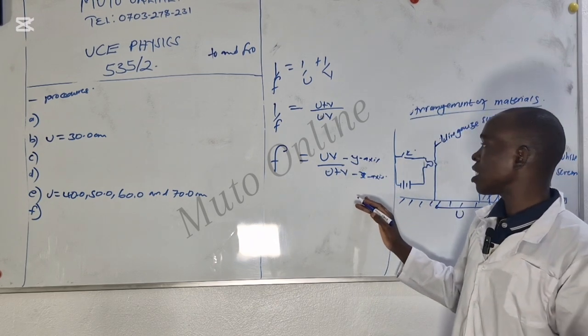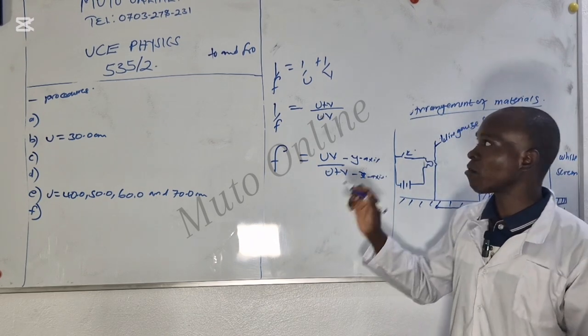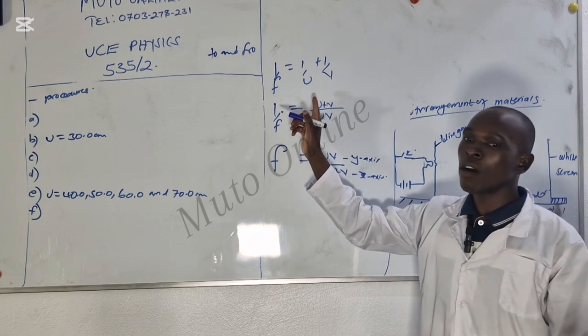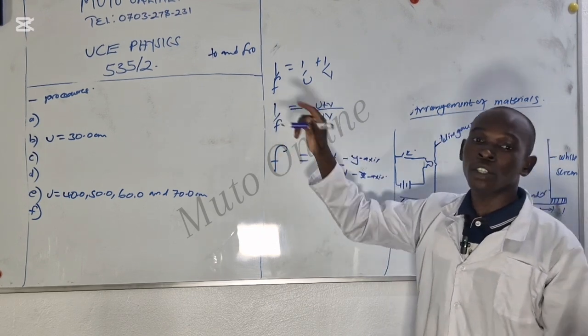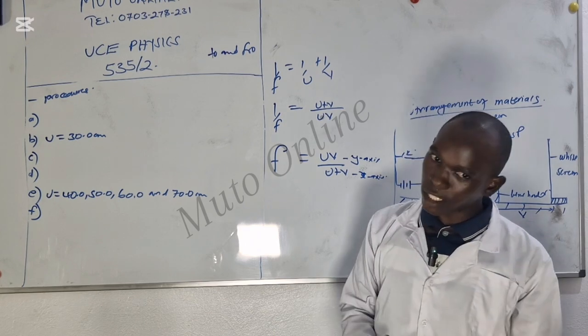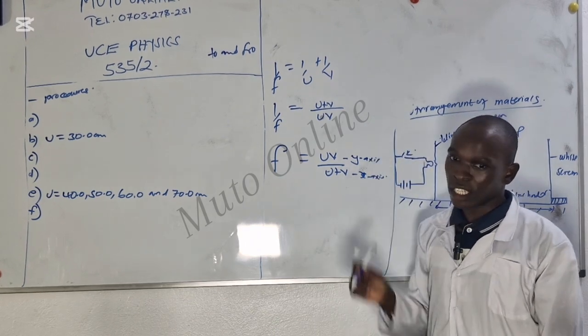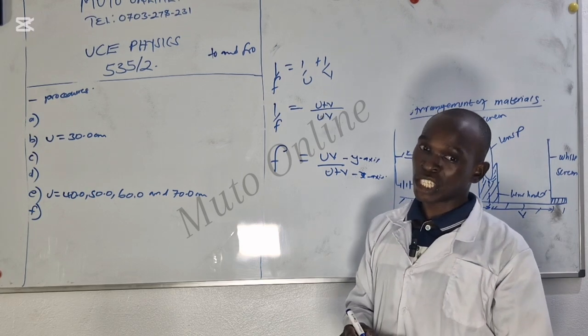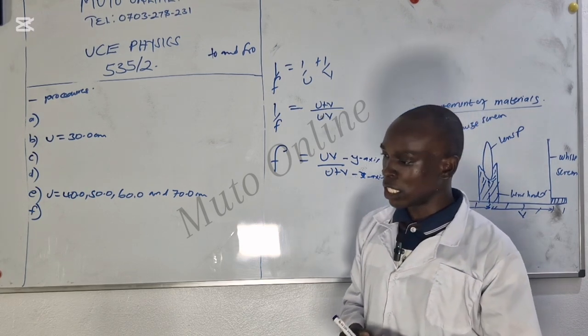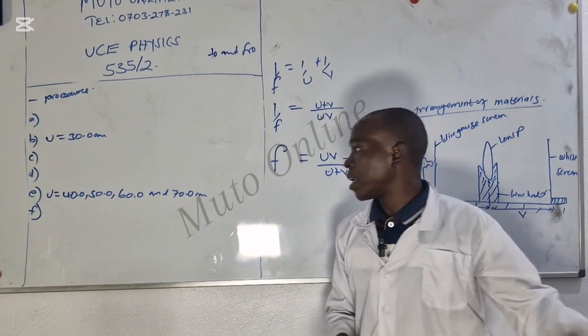It's simply because they are going to help us to plot the graph just from the Miller formula or the Lens formula. So it's a lens formula because now we are dealing with lenses, much as it is still called the Miller formula, and the letters are still defined in that manner.